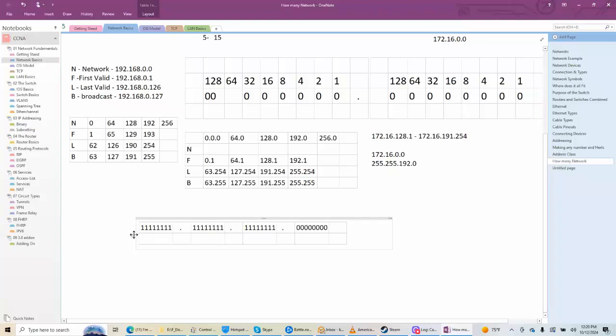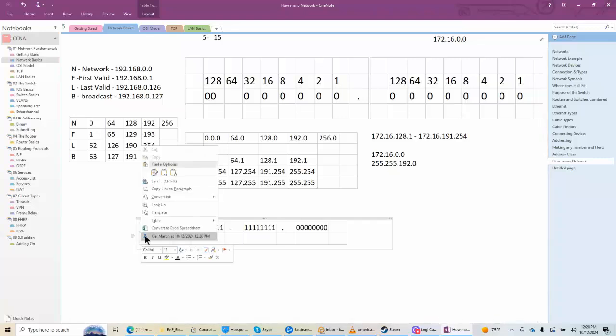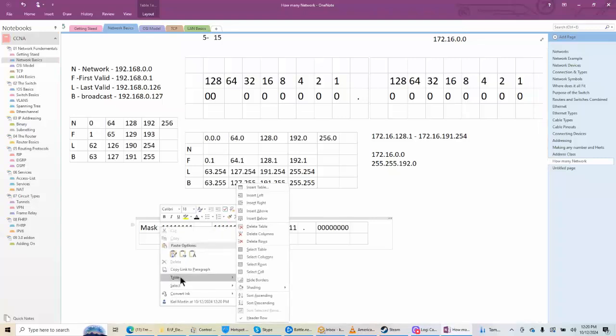Now remember, this is, come on. And we're going to table this and insert left. This is our mask. All right, and now can I actually do one at the top? Let's find out.